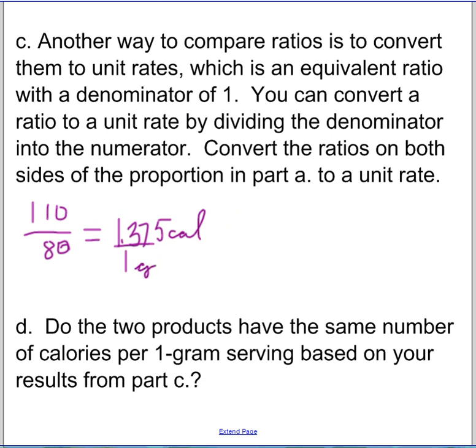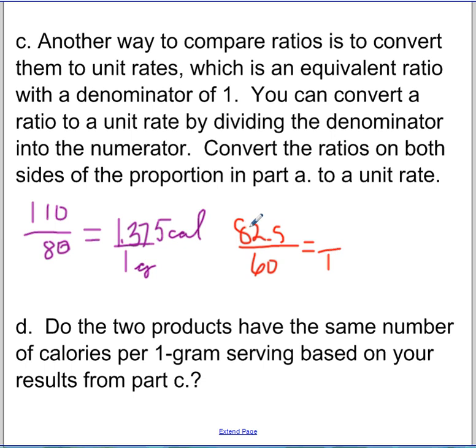And we'll see if we get the same for the other one, which we know they're equal, so we should. But let's just try it anyway. We have 82.5, and that was over 60. So it means we're going to divide by 60 over 60 to get that denominator into a 1.